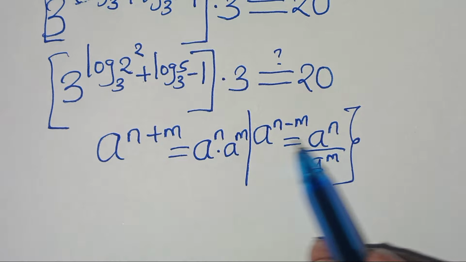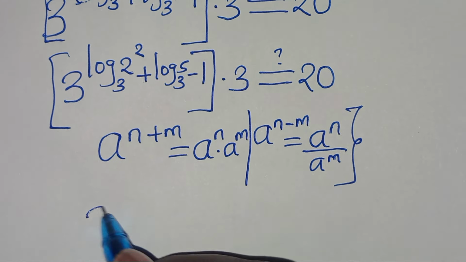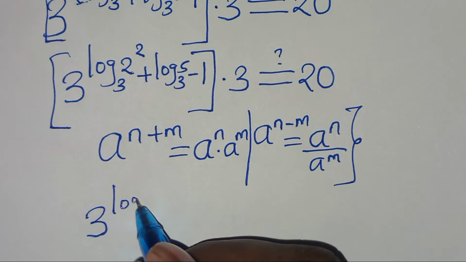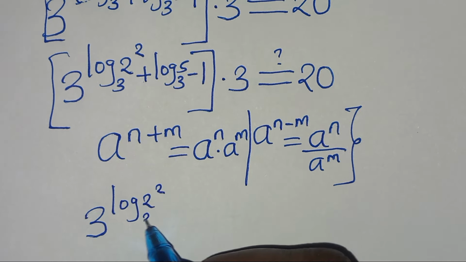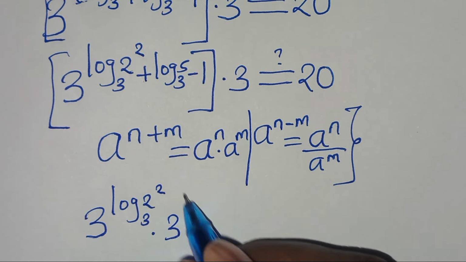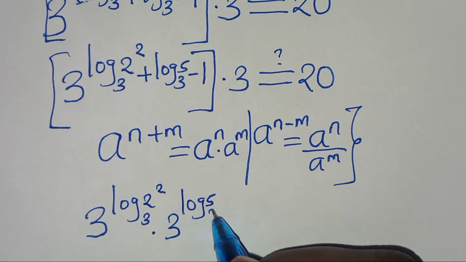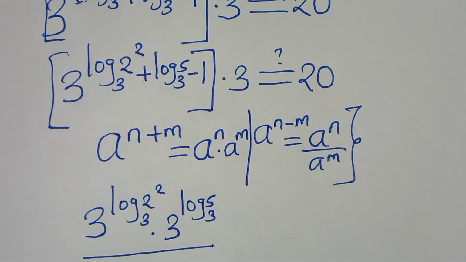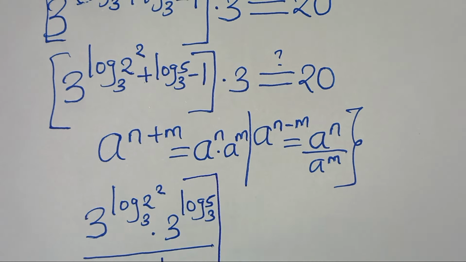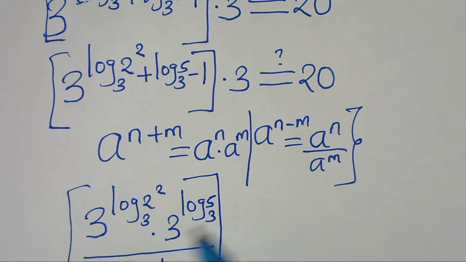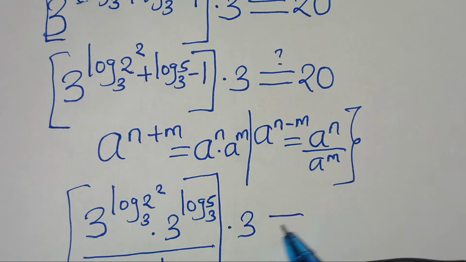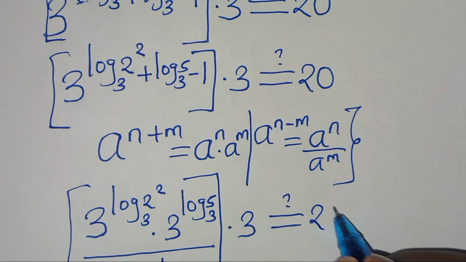Applying these two exponent properties, we have 3 to the power of log 2 squared to base 3 times 3 to the power of log 5 to base 3 divided by 3 to the power of 1, everything here multiplied by 3. This should give us a value of 20.